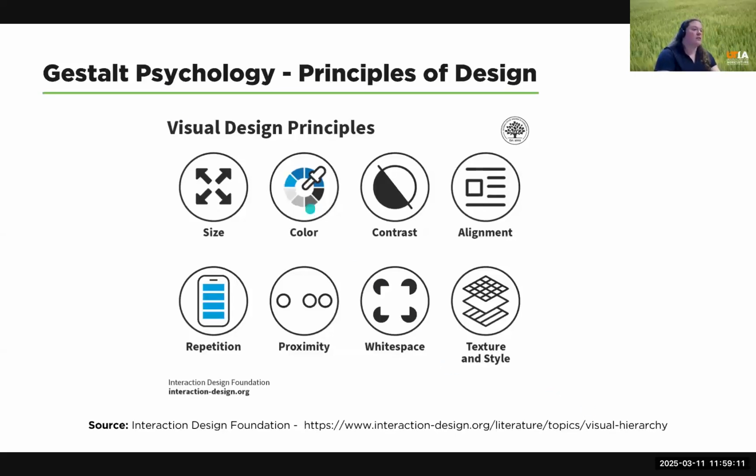Some examples of visual design principles would be things like size, color, contrast. A lot of the things we mentioned in visual hierarchy already would all fall under those principles of design.